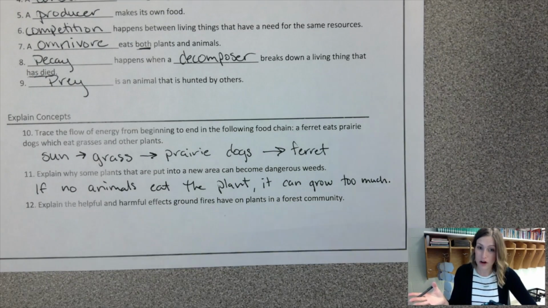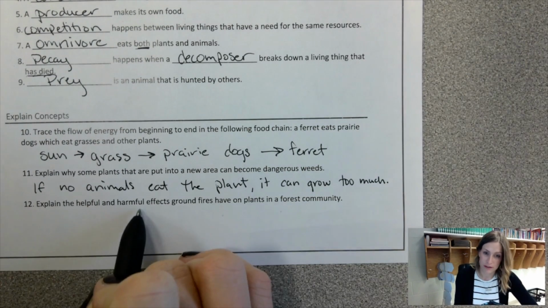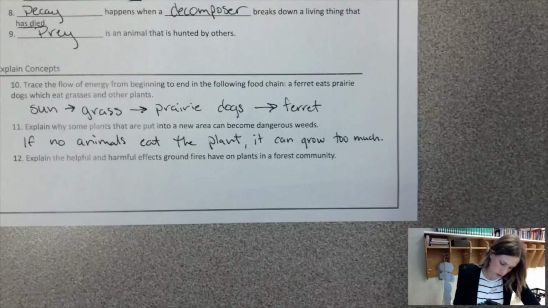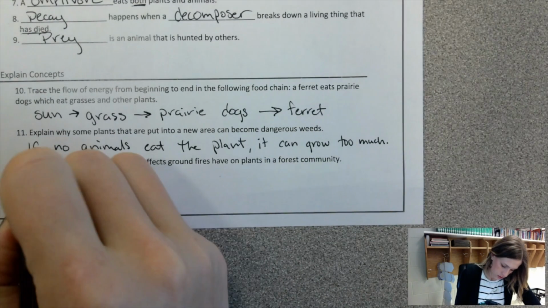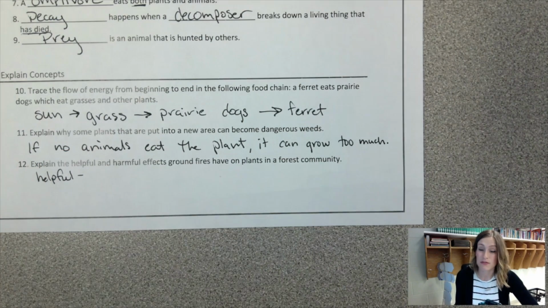Explain the helpful and harmful effects ground fires have on plants in a forest community. Helpful? Well, it makes space for new plants. All of a sudden, new plants can grow there.